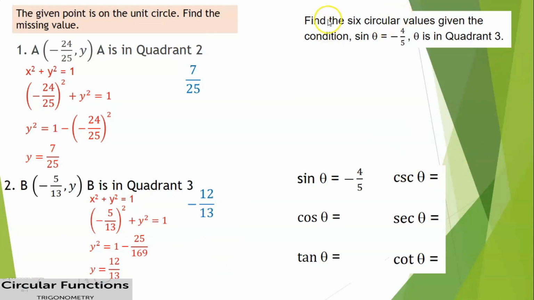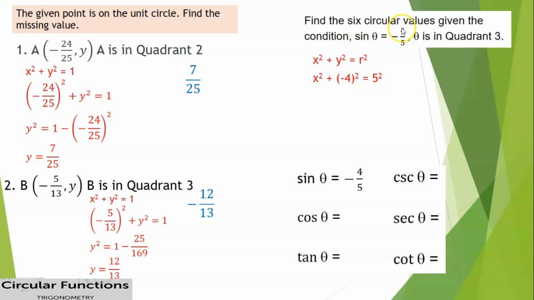Okay, next. Find the 6 circular values given the condition sine theta is equal to negative 4 over 5, wherein theta is located in quadrant 3. Now take note, going back to this, x squared plus y squared equals r squared. So for sine, it's opposite over hypotenuse.